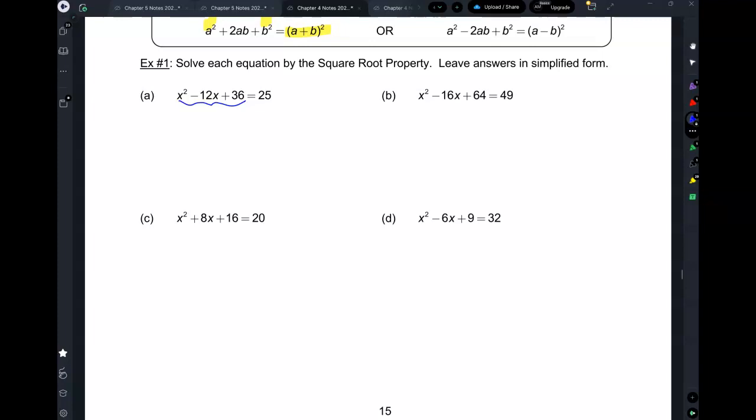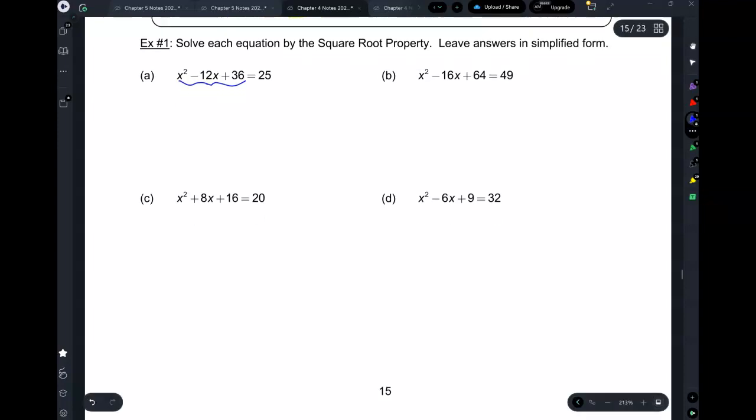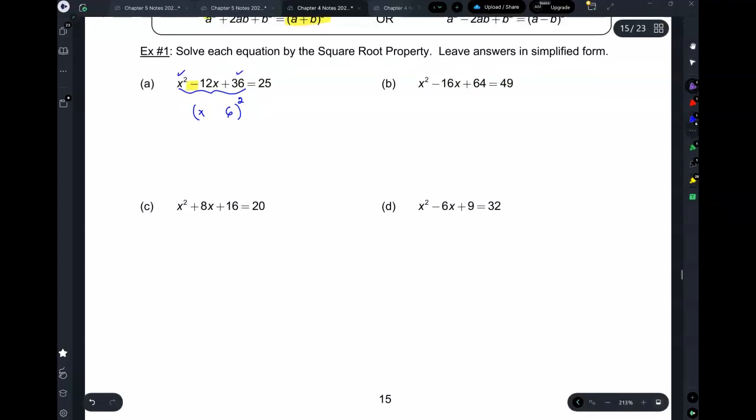Ignore the 25, just the blue. Is that a perfect square trinomial? It looks like it can be because you've got a perfect square. So how would we factor that? Square root of x squared is x. Square root of 36 is 6. Minus or plus in the middle? Minus, same as this.